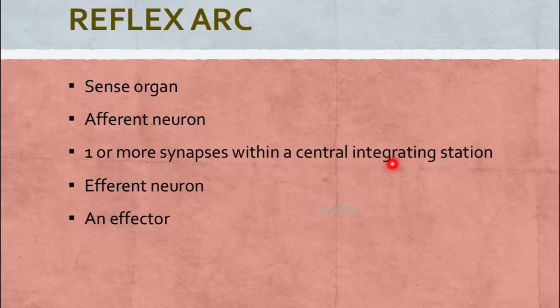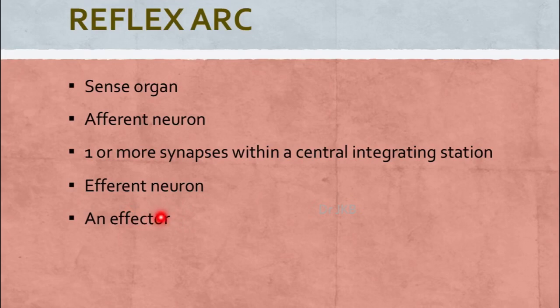Who is the central integrating station? The spinal cord. From the spinal cord, the alpha motor neurons coming back to the skeletal muscle are the efferent neurons, and they end at the skeletal muscle. And what is skeletal muscle? It is an effector, meaning it will bring about the effect, contraction of the muscle, right.